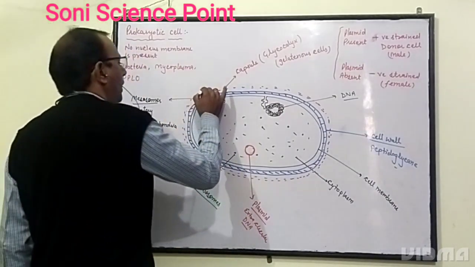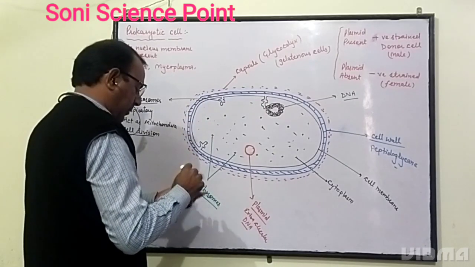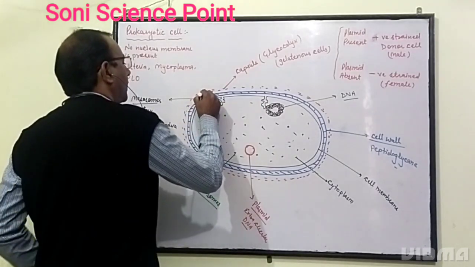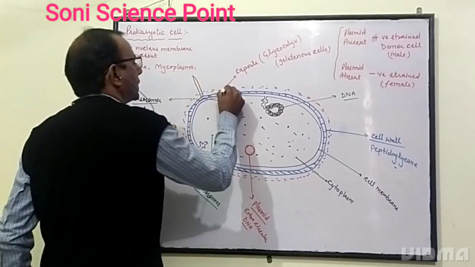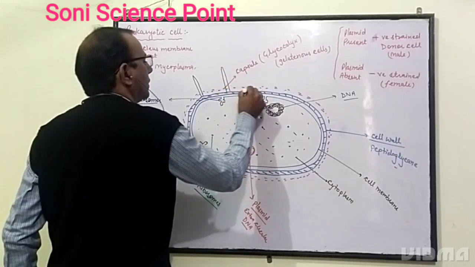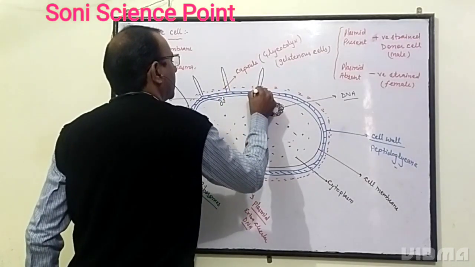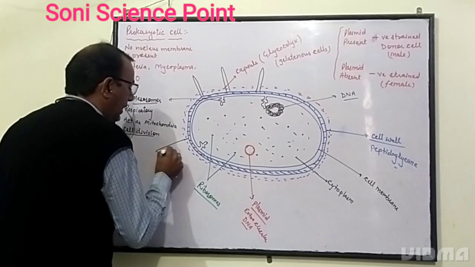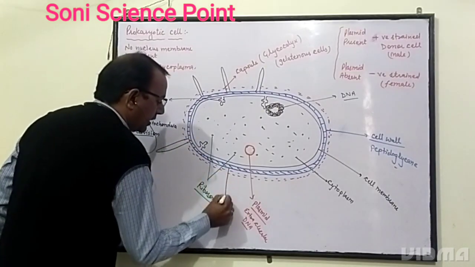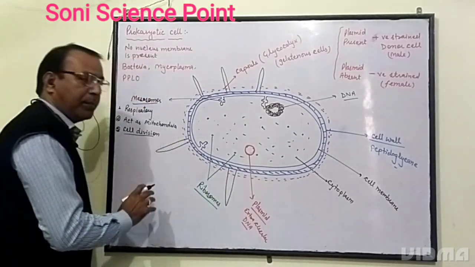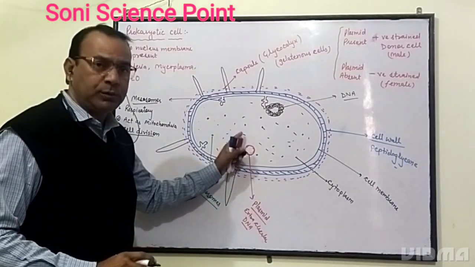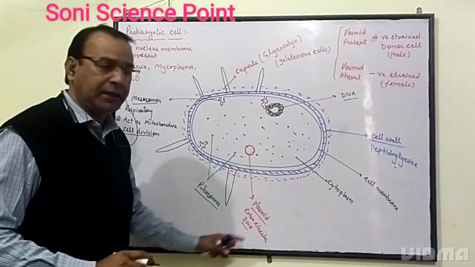If plasmid is present, there may be some large finger-like projections. These large finger-like projections may be present only in those prokaryotic cells which contain plasmid.